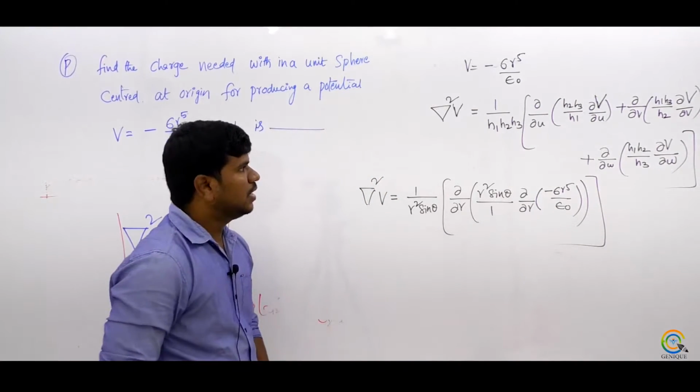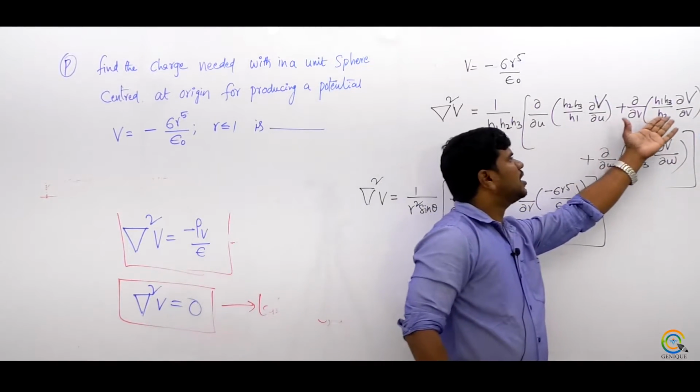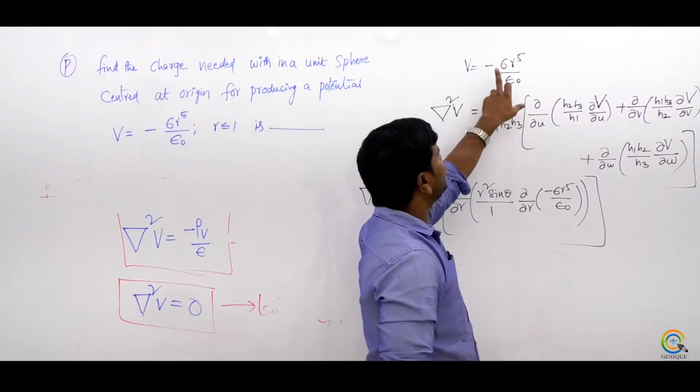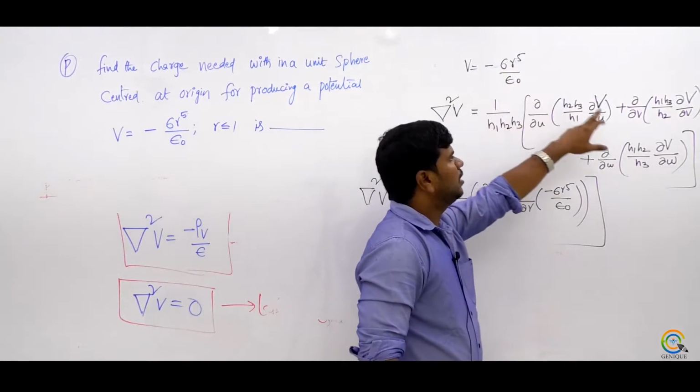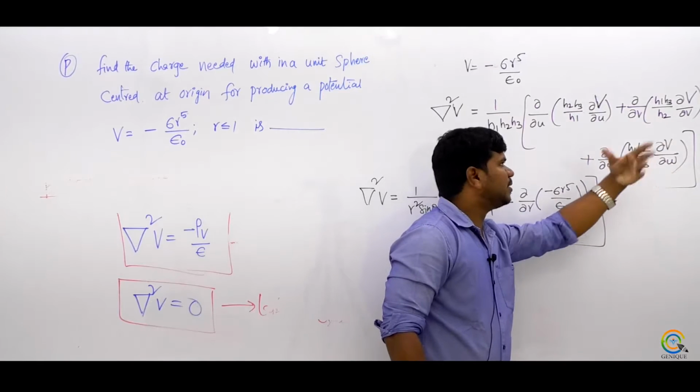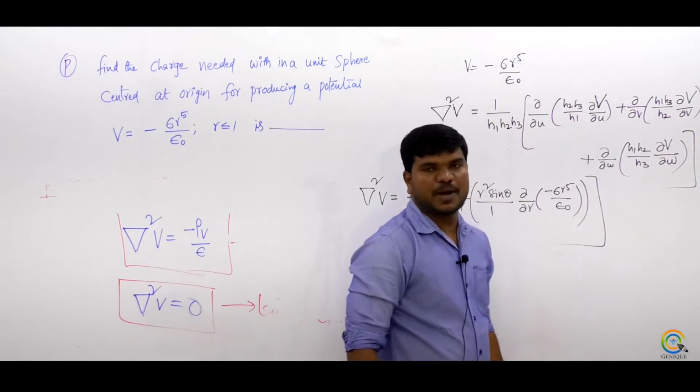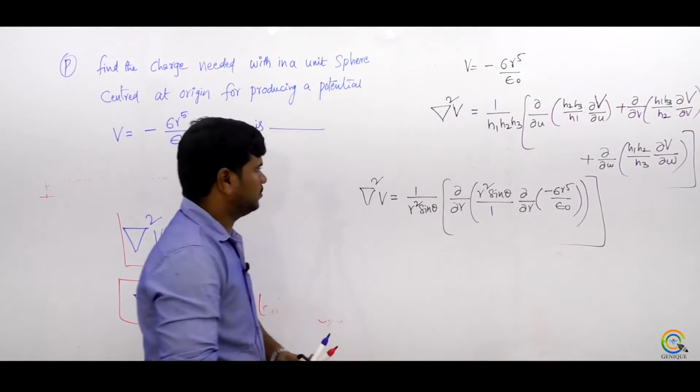What about the other terms? Other terms will be 0 because this function is only in r; with respect to theta and phi, the partial derivative of that function will become 0.